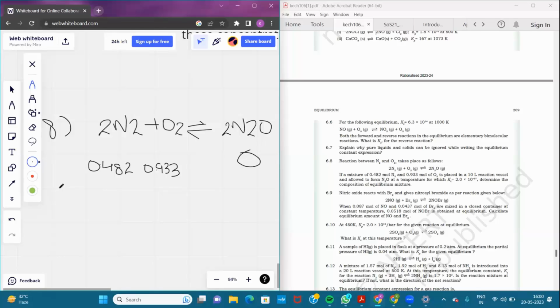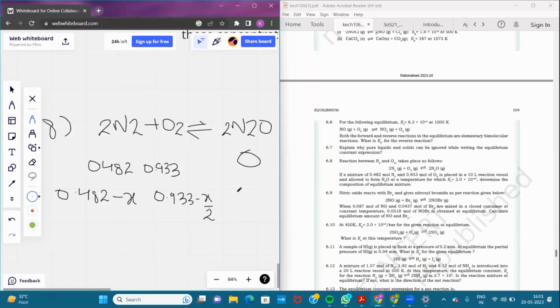We'll assume that some amount, let us say x number of moles of N2, has reacted. Then as per the stoichiometry, x by 2 number of moles of O2 will be reacted.